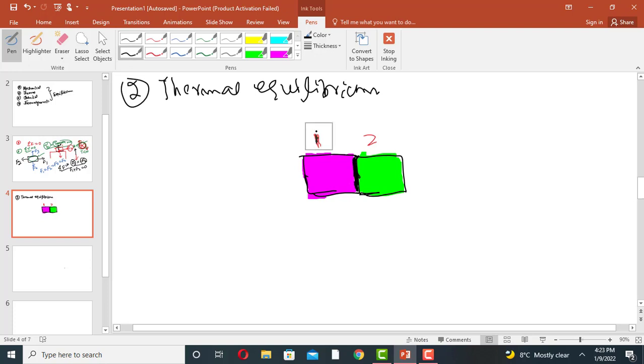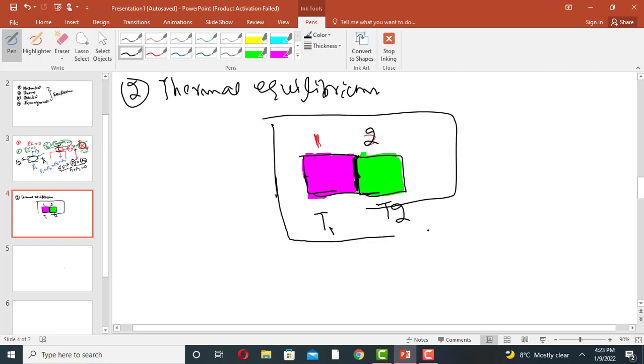Now the temperature of body 1 is high. Suppose the temperature of body 1 is T1 and the temperature of body 2 is T2, and the two bodies are separated from the surroundings. The temperature of body 1 is higher than that of body 2, so heat will transfer from the high temperature body to the low temperature body. The temperature of this body will decrease with the passage of time, and the temperature of this body will increase with the passage of time.